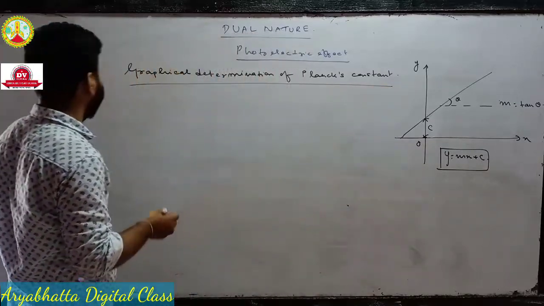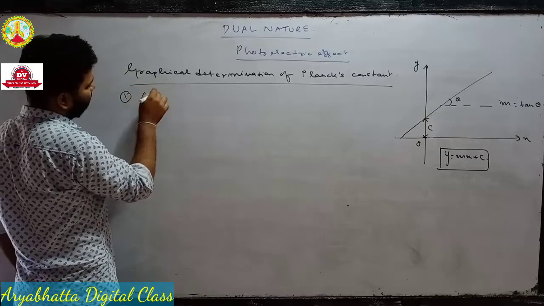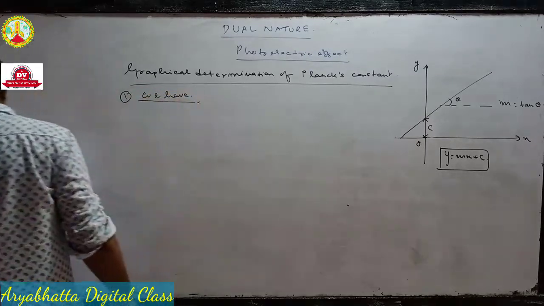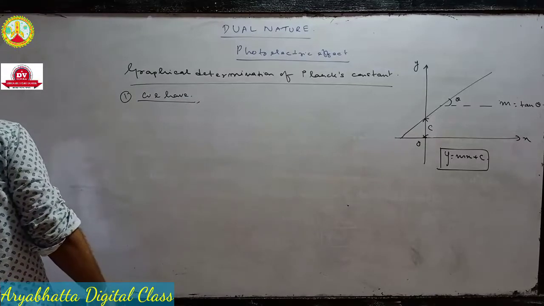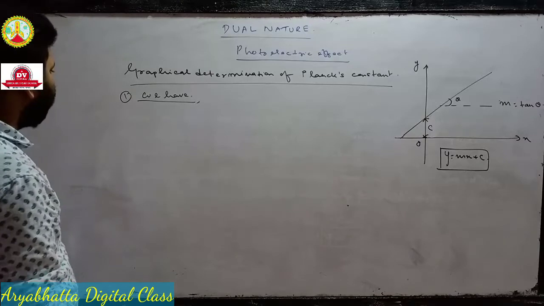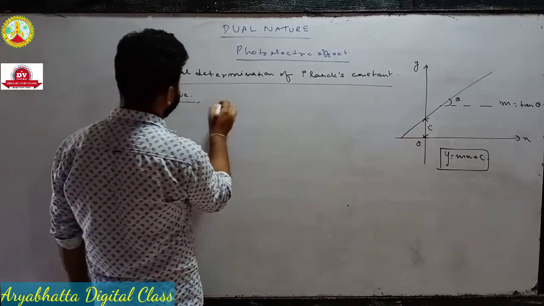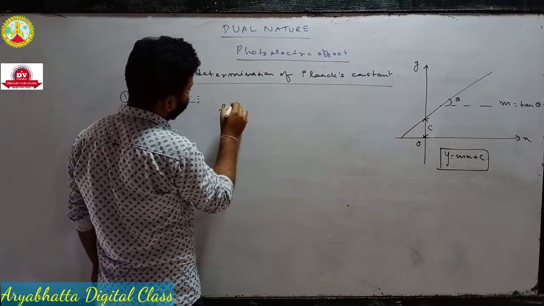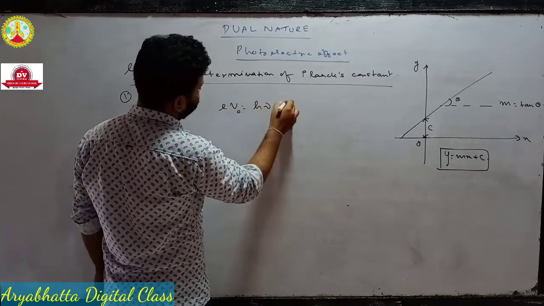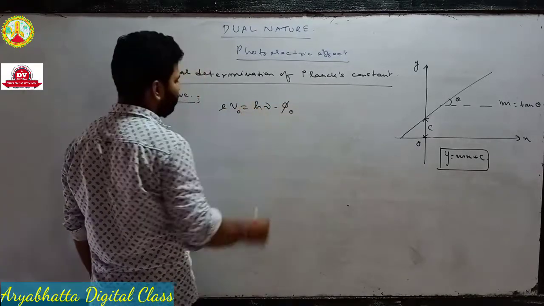So we have number 1 पे देखो, what we have from Einstein's equation. क्या मिला था कि eV naught is equal to h nu minus phi naught. You got this formula from Einstein's equation.